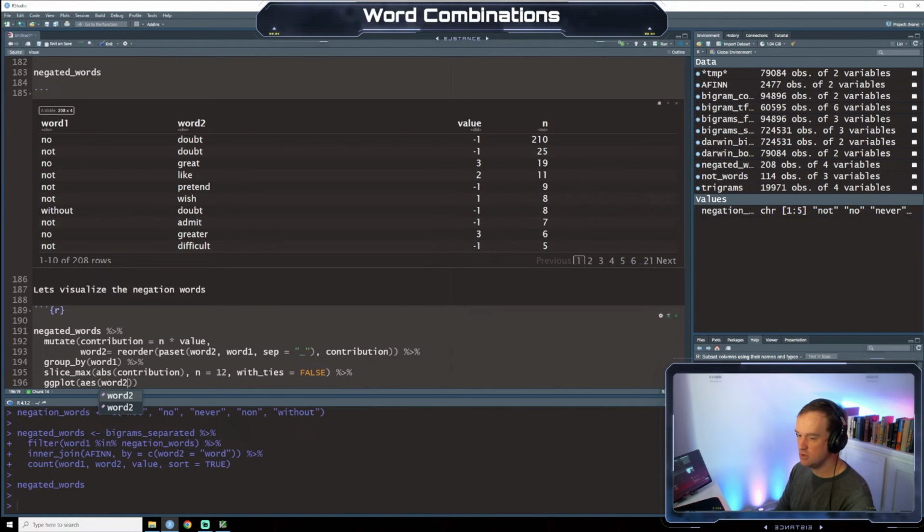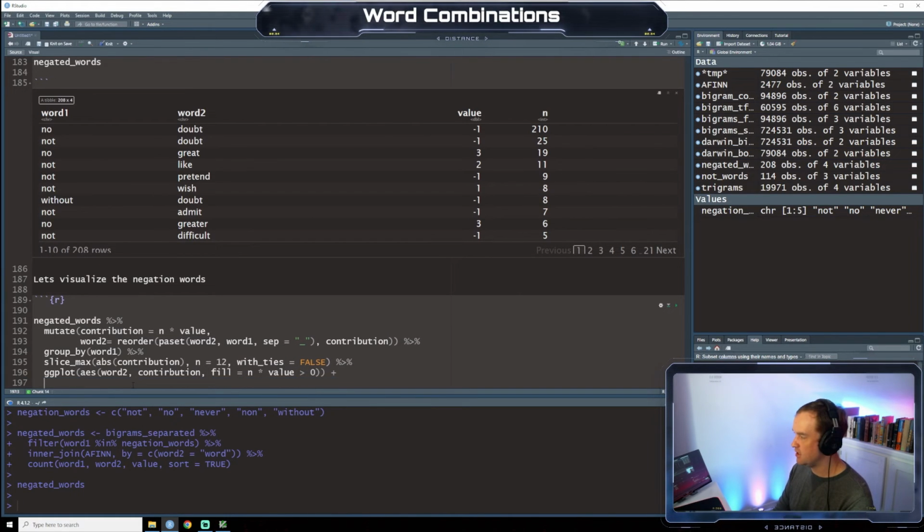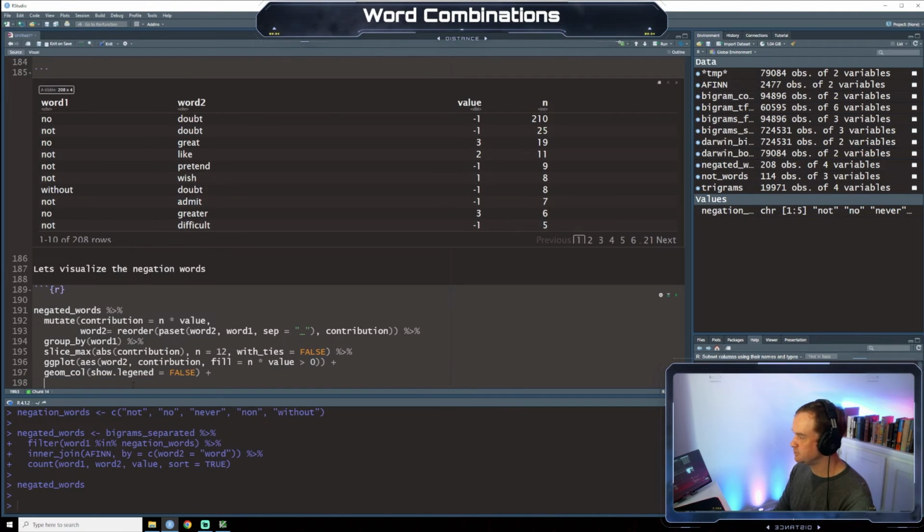Aesthetic, word 2, for our ggplot, contribution, fill equals n times value where it's greater than 0, and make it a column or a bar plot. We don't need a legend because it takes up too much room. Let's do it for each text.